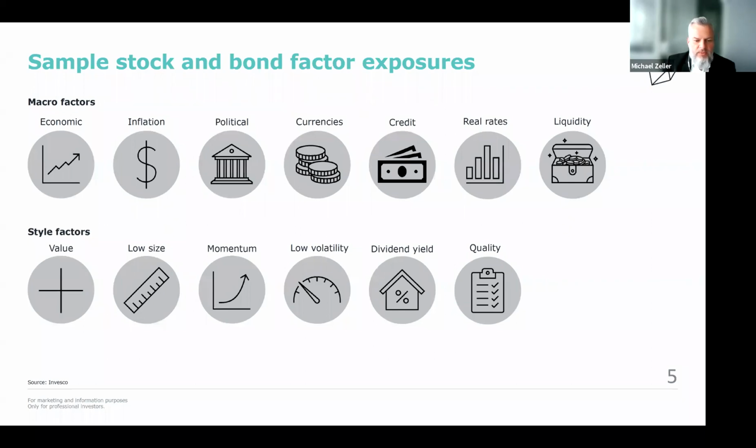As you can see, some of the style factors were already mentioned in the slide before. So we see here value, the size factor, the momentum factor, the low volatility factor. And here in addition, we see the dividend yield factor and the quality factor. But as you can assume, this number of factors is obviously extendable to a very high number, maybe even a number that goes up to infinity. I will speak later on about that.